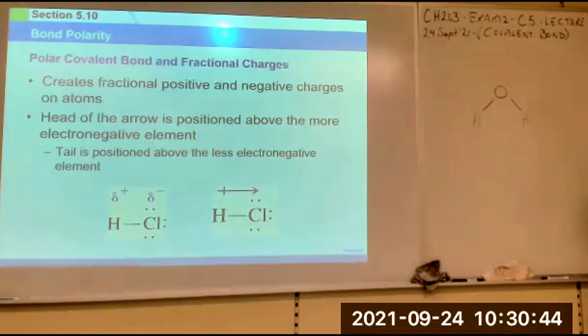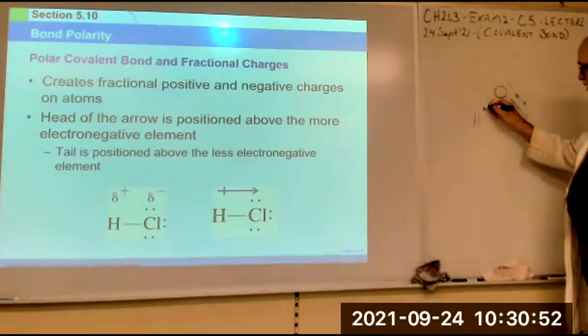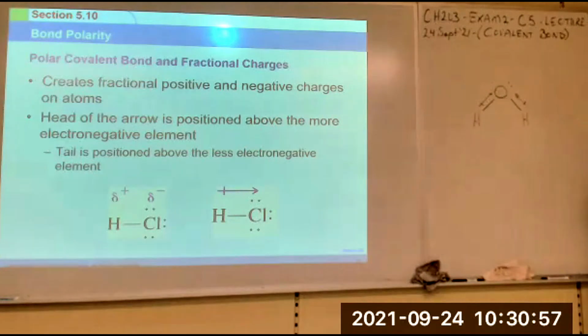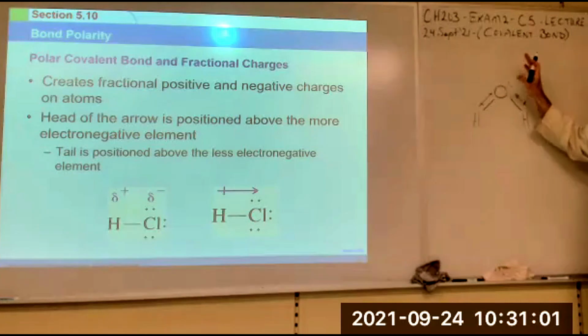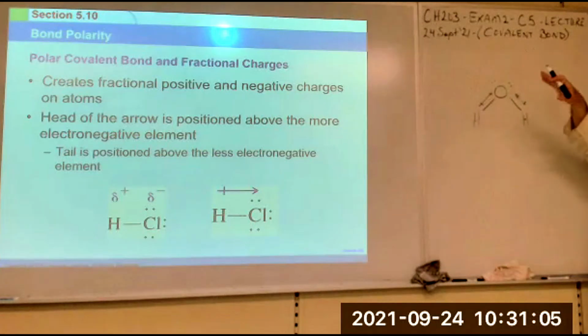Okay? Which way is the polarity? Well, oxygen's far to the right, so it's going to be toward the oxygen for each of these bonds. Plus we have these lone pairs out here that add electron density to that side of the molecule. So that's also considered.